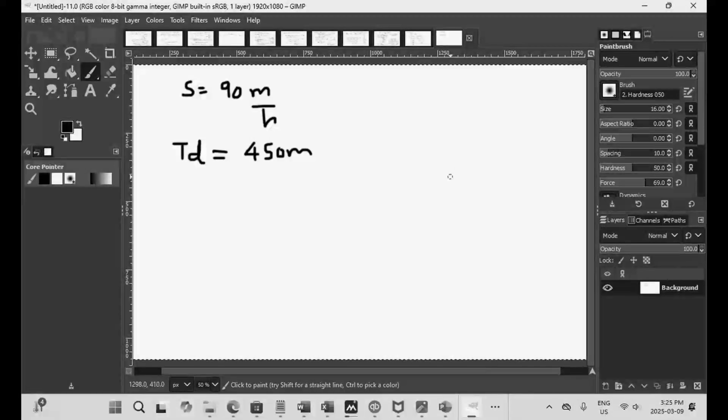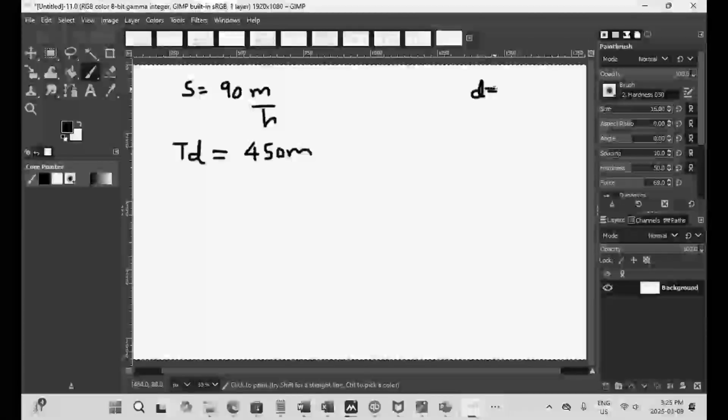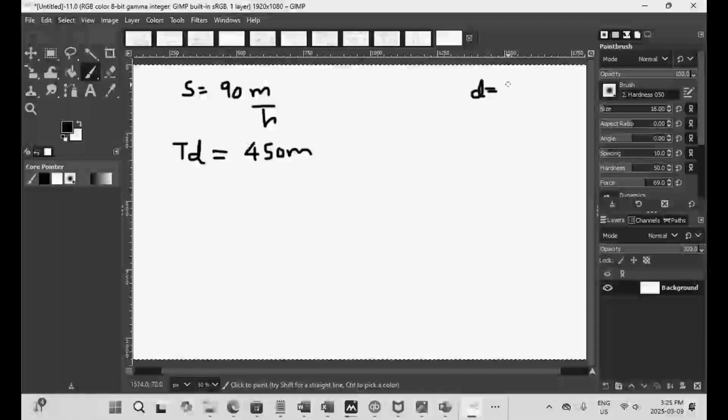In order for you to figure out the distance, one way, this will be speed in miles per hour into time in hours. So this will be your distance, in miles.